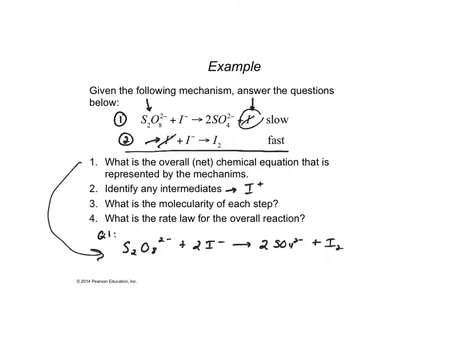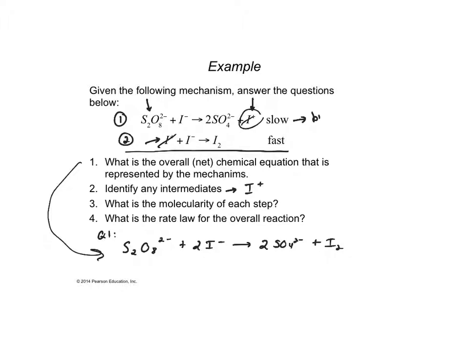Okay, so then number 3, what is the molecularity of each step? How would I determine that? It's just a vocab word. What am I looking for? How many things collide, or how many reactants do I have in each elementary step? Okay, so for the first step, is this a unimolecular, a bimolecular, or a termolecular reaction? It's bimolecular, right?